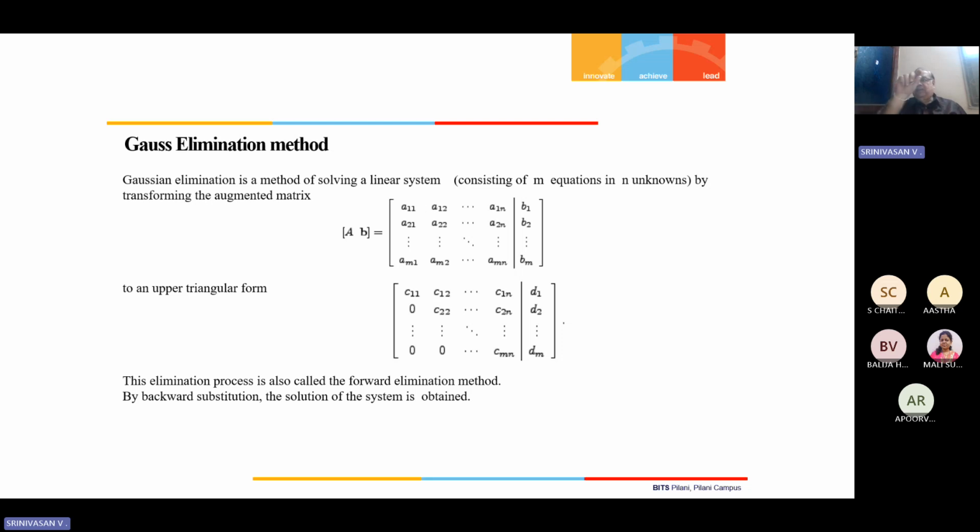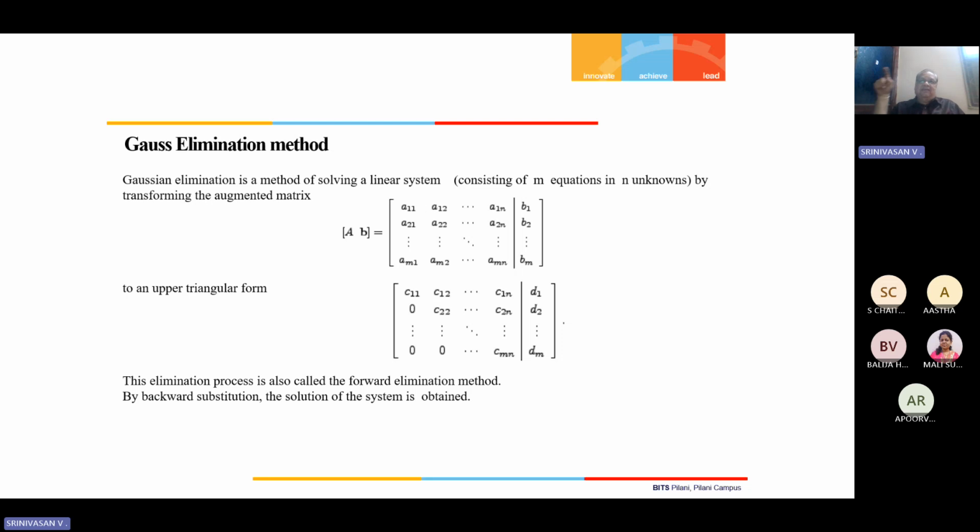You know very well the first row will be there as it is. Of course it will undergo some transformations, but you will have all the entries in the first row. In the second row, the first column will be made 0, and you have C22, etc., C2n, some D2, etc. And in the last row, except the last column, all other elements are zeros, and you have the constant on the right hand side, say dm.